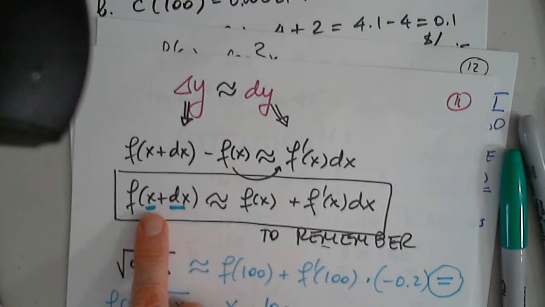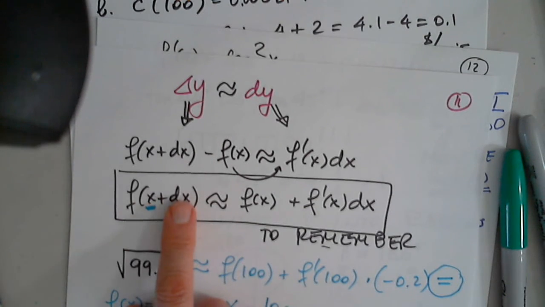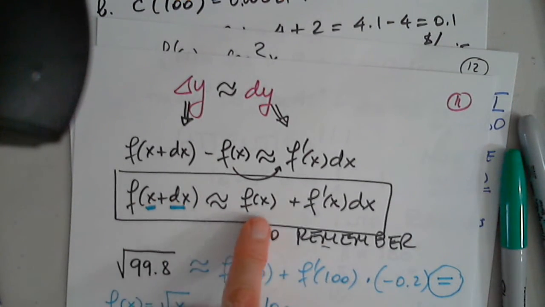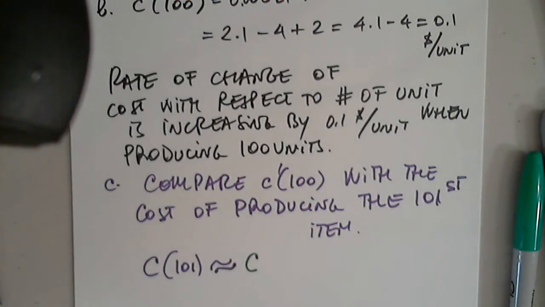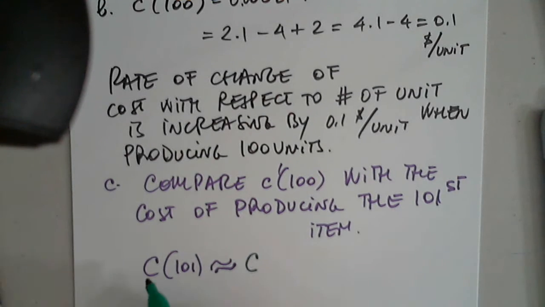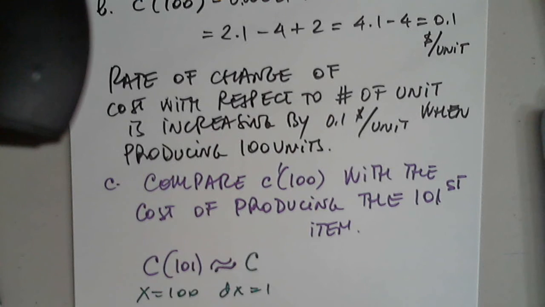The cost of 101, this is the 100, and this is the dx, equals that. So where x is 100 and dx is 1.